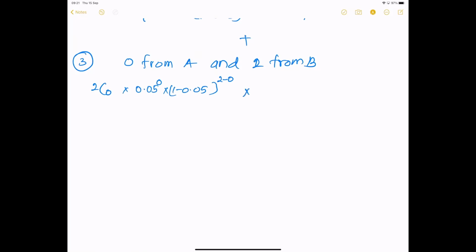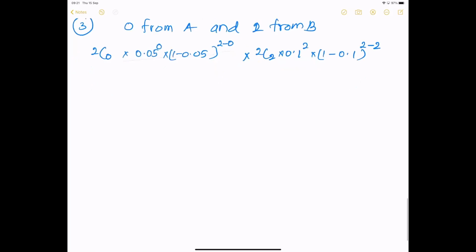And 2 from B, right? Those three probabilities, you have to take the summation, right? You know how to simplify, right?